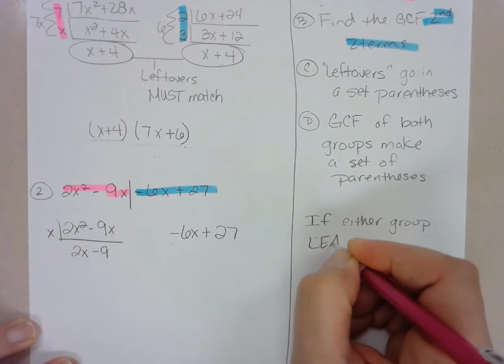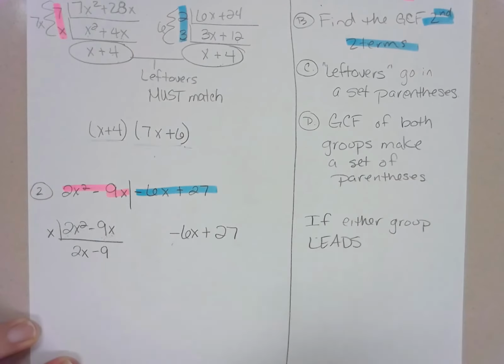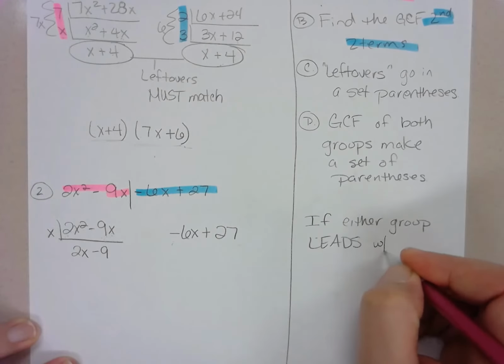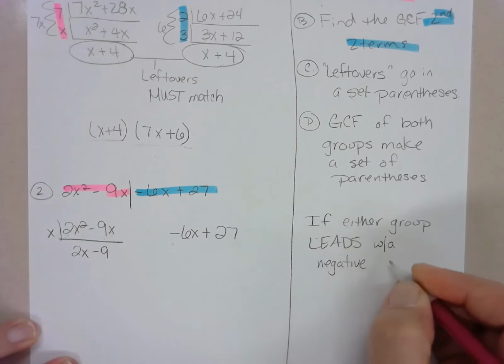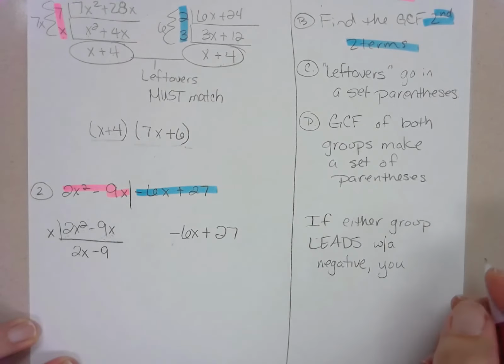They can have a negative in the middle, but if they lead with a negative number, you've got to factor that negative out. So you're going to make the GCF a negative number.